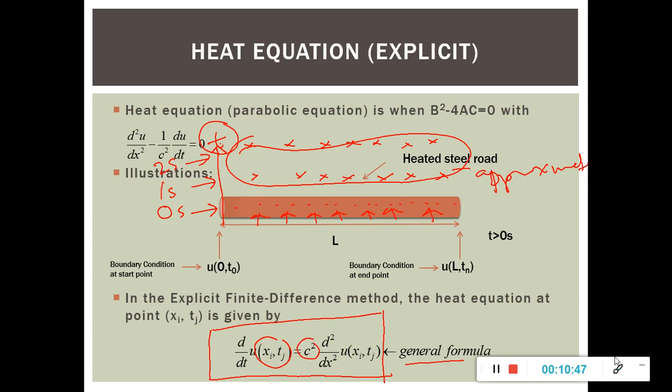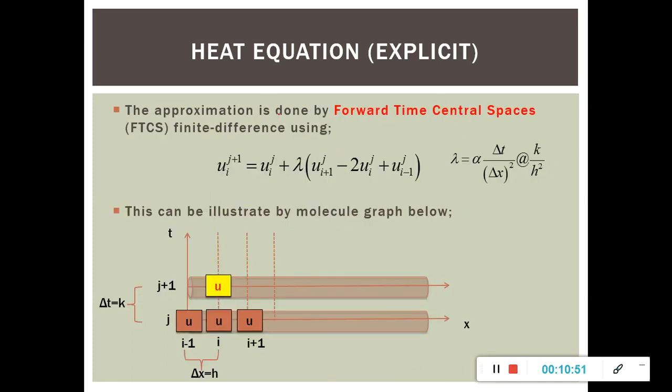This is the general formula for the heat equation. To do the approximation, you can use the forward time central space, or FTCS, finite difference method. This is the standard FTCS formula.